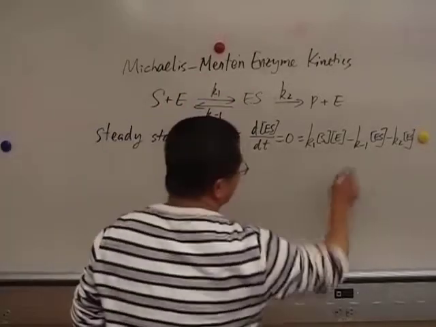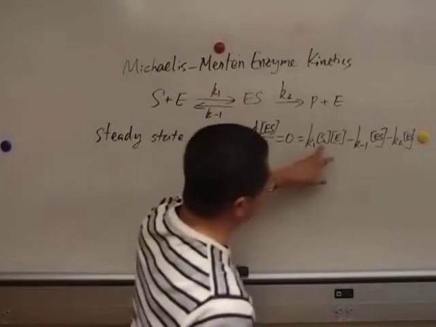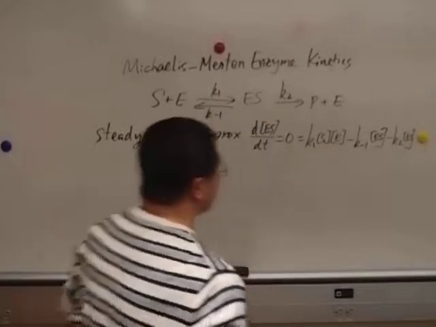So if this is 0, we can easily get an equation for ES in terms of the concentration of the substrate and the concentration of the enzyme.